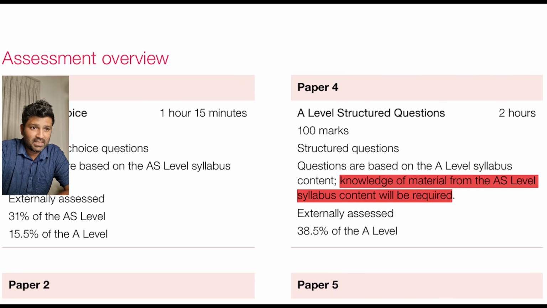Your syllabus itself says that when it comes to your unit 4 papers, this is not just going to be about your A2 knowledge. As you can see, they have also said knowledge of material from the AS level syllabus content will also be required, which means for a structure or a cross-section of a stem, you would need to know how to label it as well. Okay.